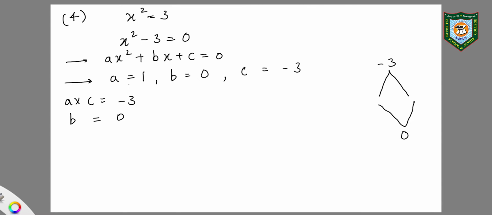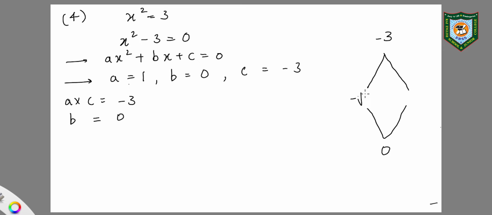So I can write my factors as plus root 3 and minus root 3. I'll draw this once again. So I have minus 3 here. That means the product of the two factors has to be a negative number, and the sum must be 0. So I can write the two factors as minus root 3 and plus root 3.